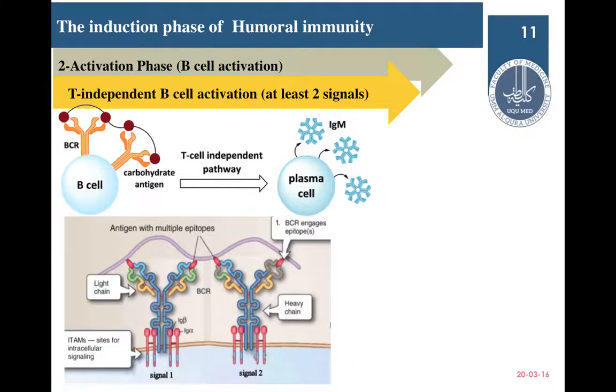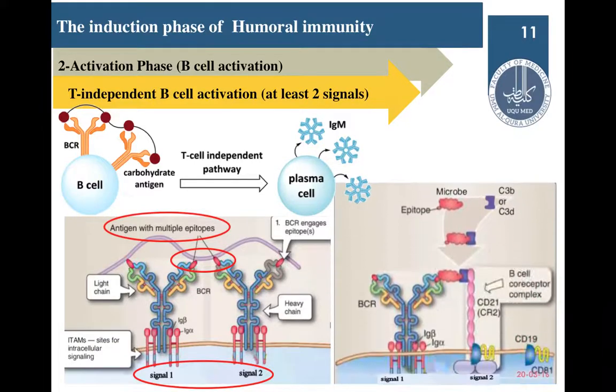But this whole thing requires two signals. The first signal is a result of the multivalent antigen that simultaneously binds to two binding sites on two different BCRs, and this will cause two signals, one through this BCR and the second through this BCR, due to the multivalent antigen.